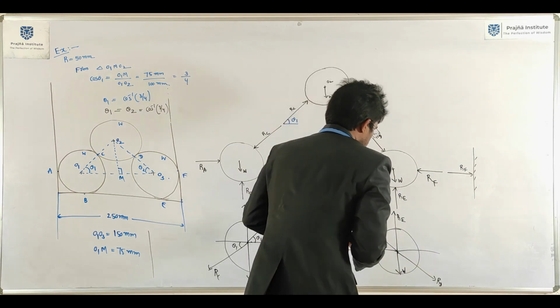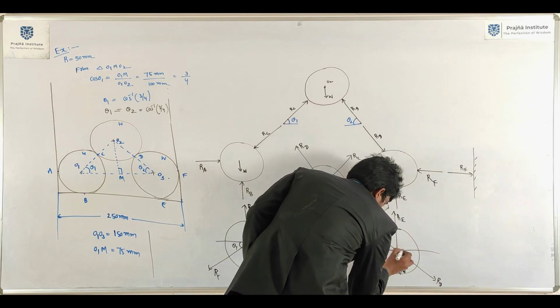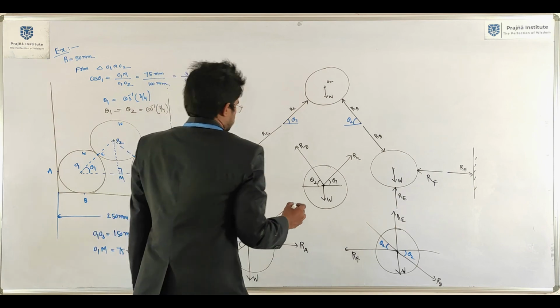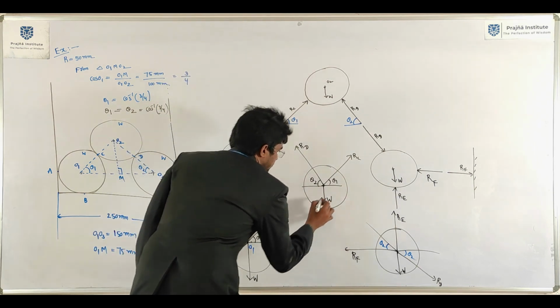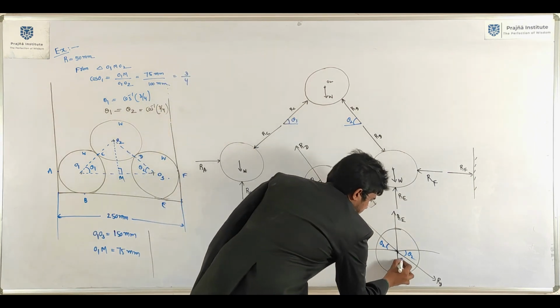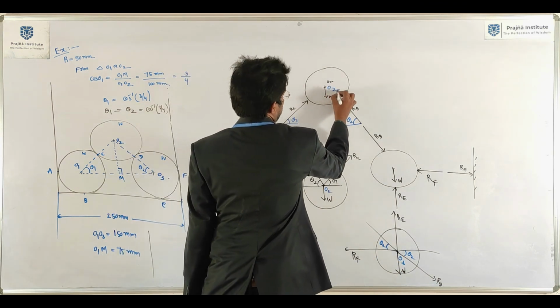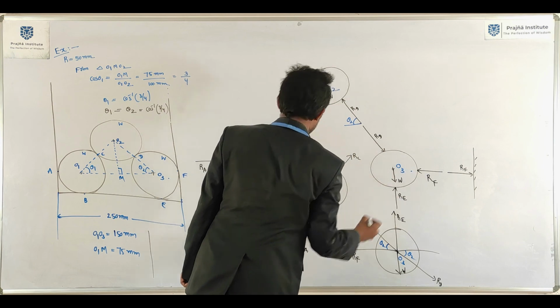Here this particular angle is theta 2, then this will be theta 2. Here it is O1, O2, O3.